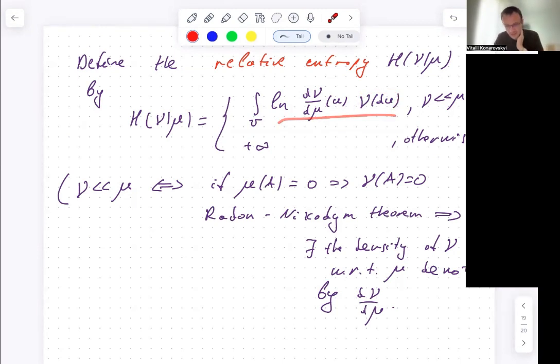So this object is well defined. Also, you can prove that this function is non-negative, and that is needed for the rate function because you know that the rate function is non-negative.